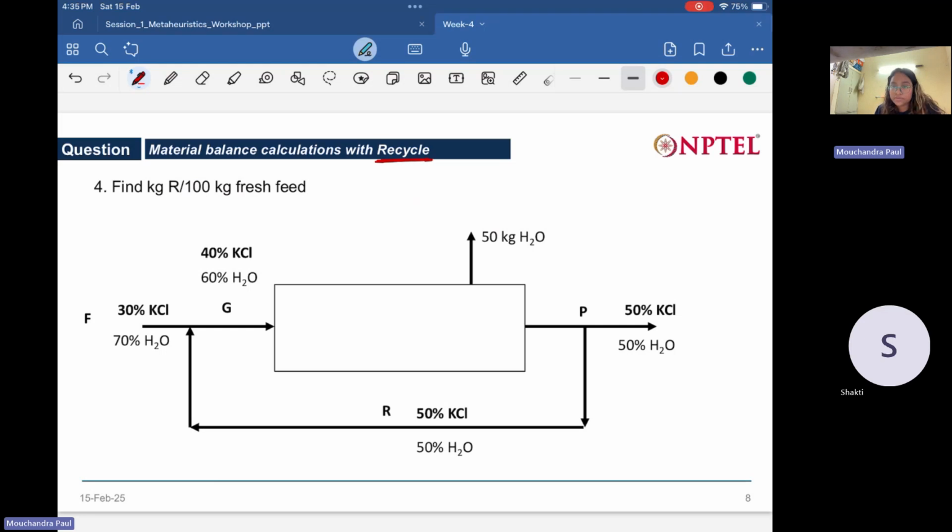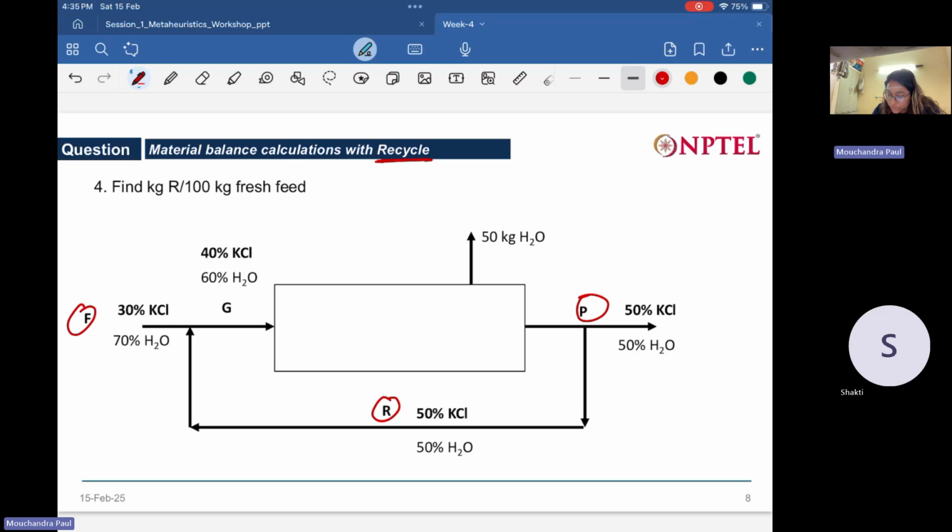In this figure, this is your feed that is entering and the product that is coming out. And in recycle problems, there is a third stream. This one, R, is your recycle stream, where some amount of P is taken out and looped back into the feed stream.